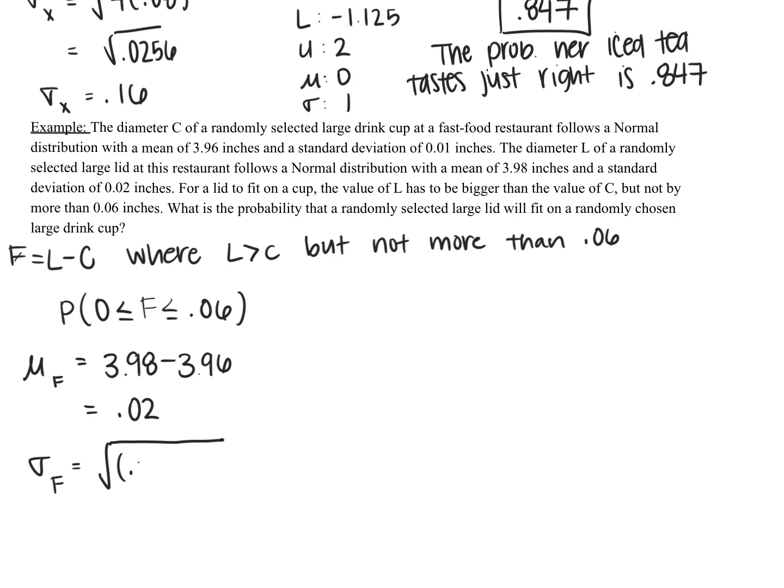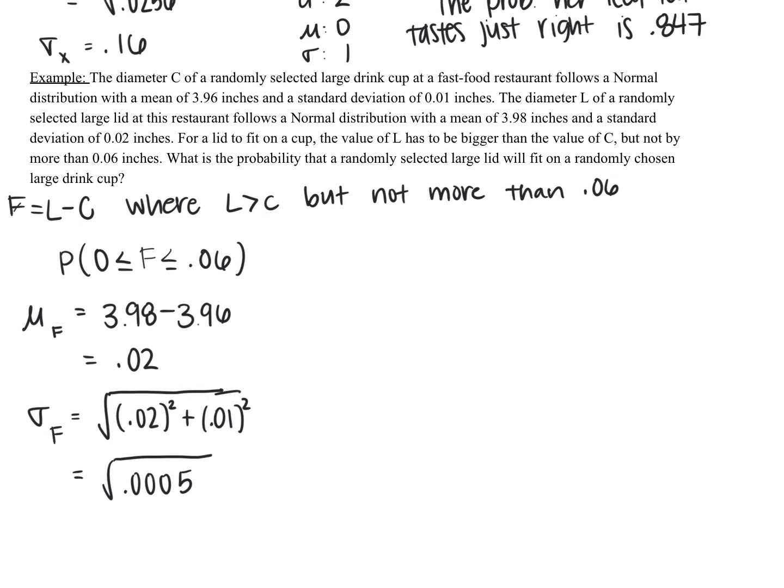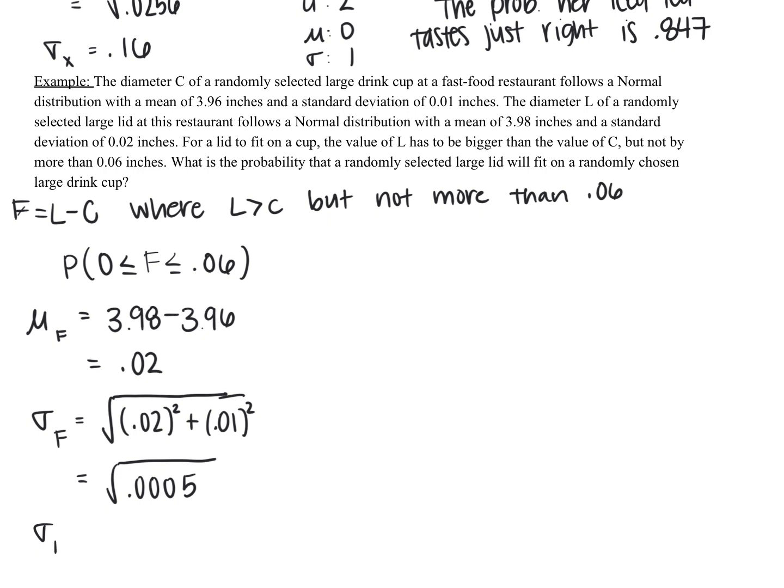So I'm going to do 0.02 squared plus 0.01 squared, and then I'm going to take the square root. So 0.02 squared plus 0.01 squared is going to give us 0.0005. Which, when I take the square root of, we're going to get a standard deviation of roughly 0.022.